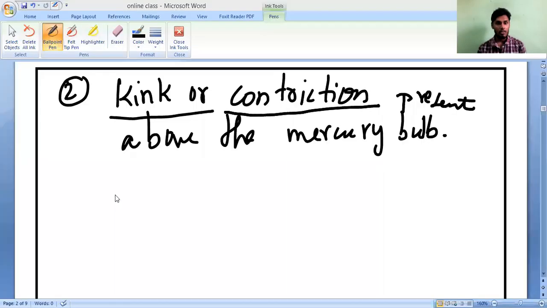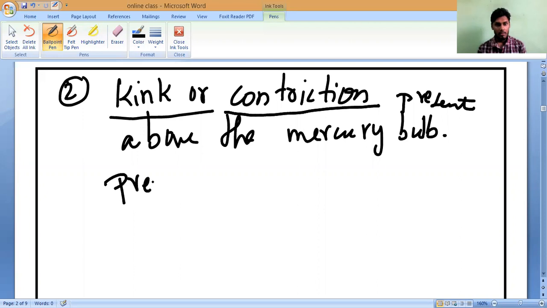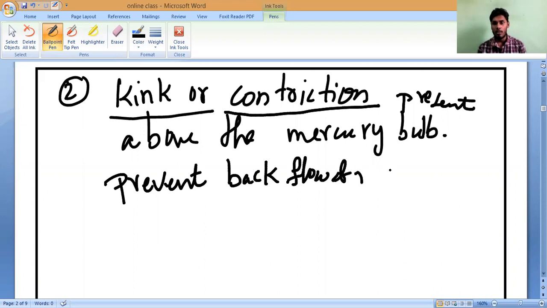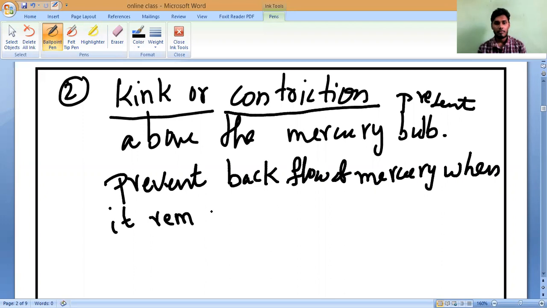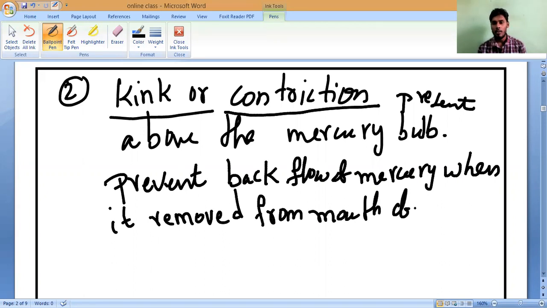So we can write it here: it will prevent the backflow of mercury when it is removed from the mouth of a patient. Patient, can you spell it?